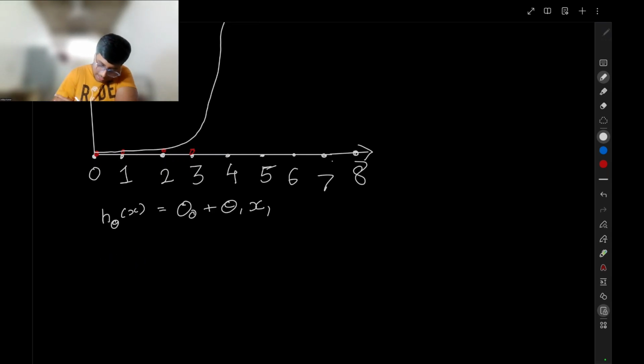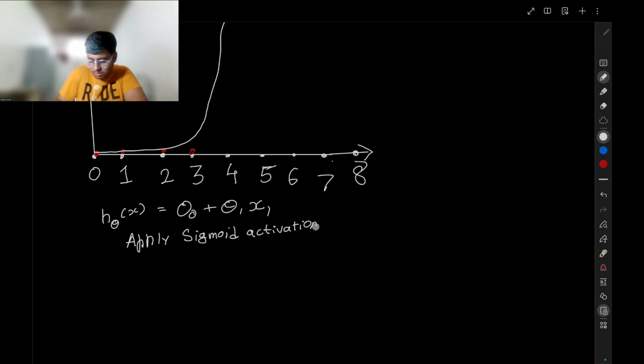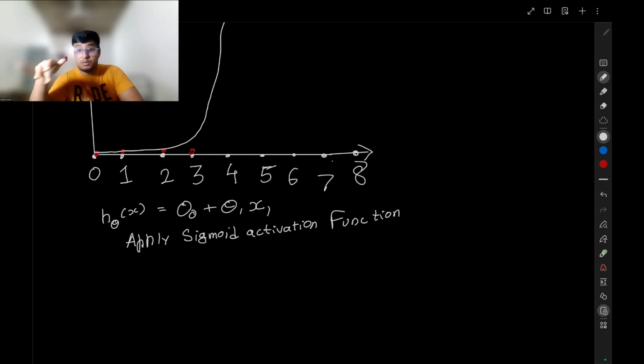So if we apply the sigmoid activation function to this linear regression hypothesis, let us denote the sigmoid activation function as g of x.